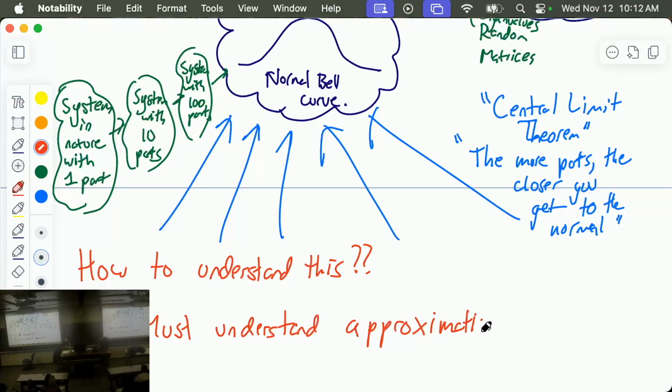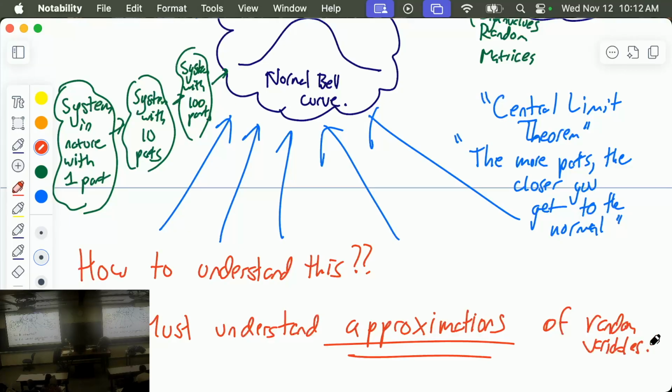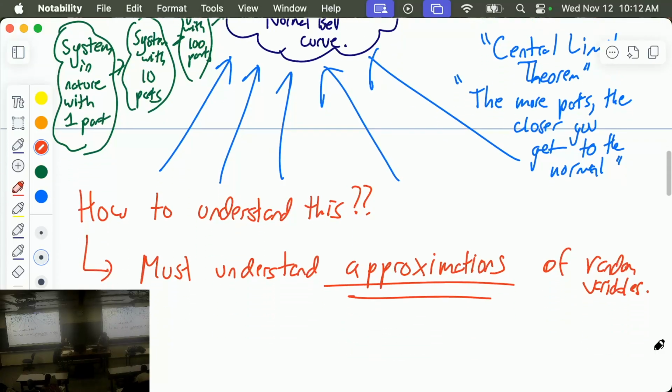This idea of something getting closer to something else is the idea of an approximation. Another way of thinking about it is limits of random variables. Both of these mean the same thing.